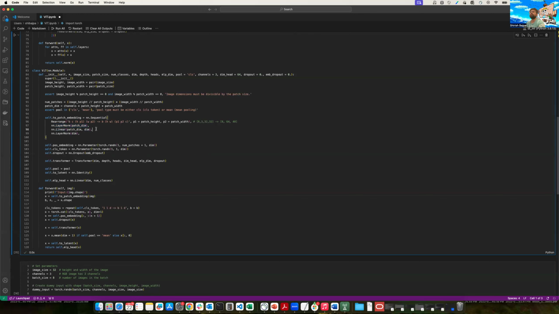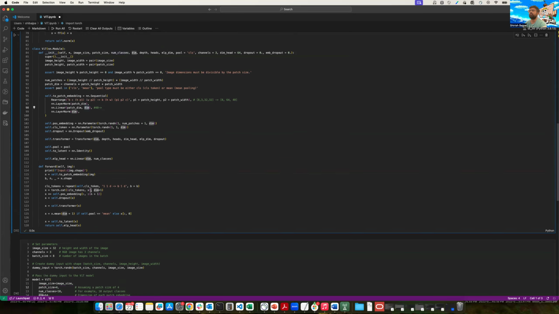Then there is a linear layer, which is taking input of patch dimension, like 48, and the output is dimension. Where is it? Okay, let's see dimension.